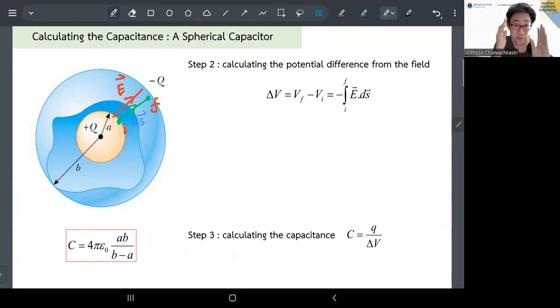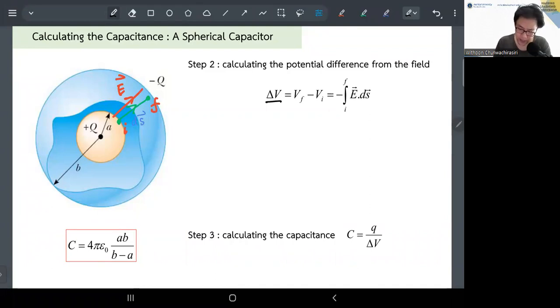So I expect the final result to be a negative potential difference. That makes my vector calculation a little simpler because E and ds are pointing in the same direction.